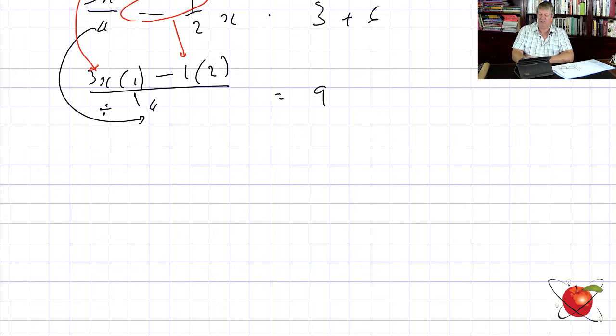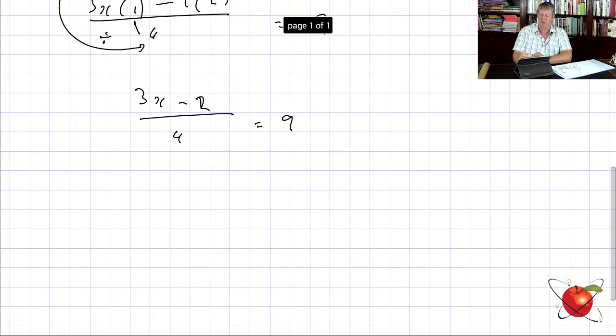Now what have I got? Let's put this down: 3x minus 2 over 4 is equal to 9. What do I do next? It's simple. We want to get rid of that 4 at the bottom, so I must do the opposite.